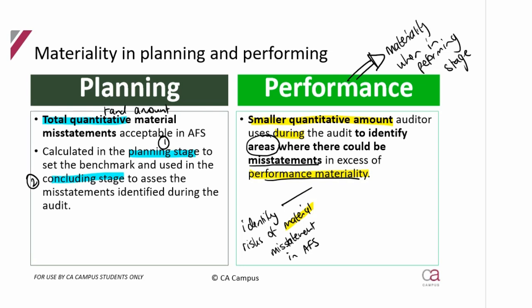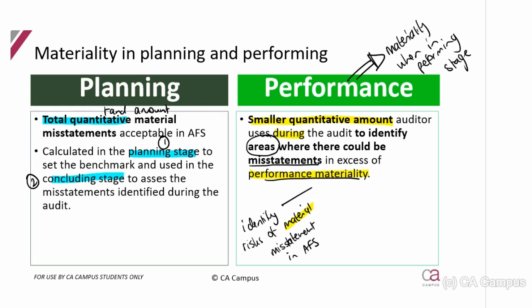the financials, because our goal is to express an opinion whether the financial statements are free from material misstatement. Now, in our opinion, we are talking about free from material misstatement being the planning materiality, because that's the maximum.